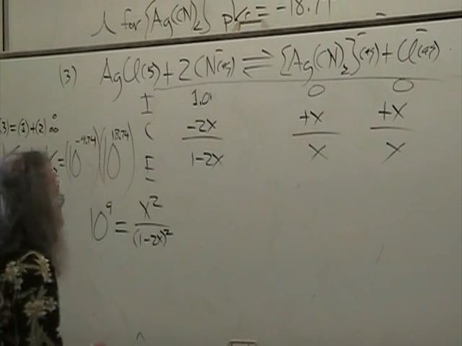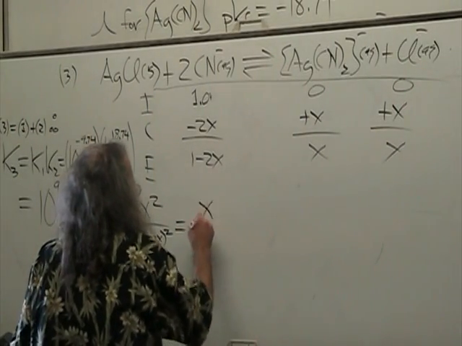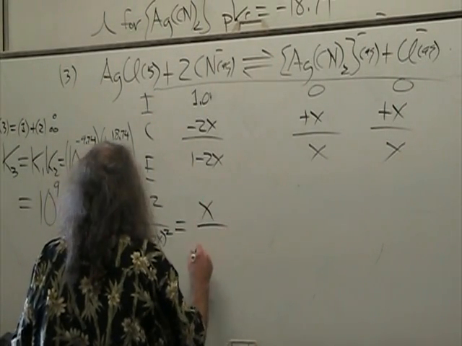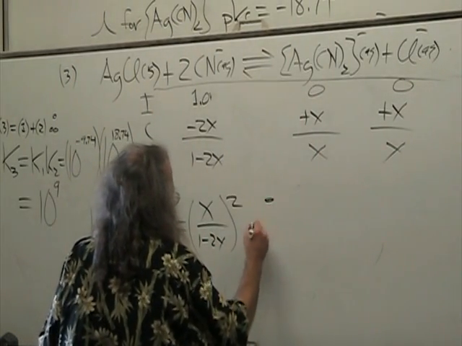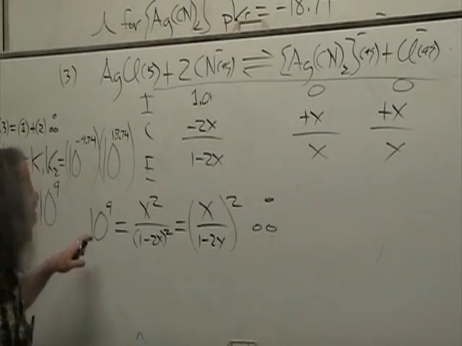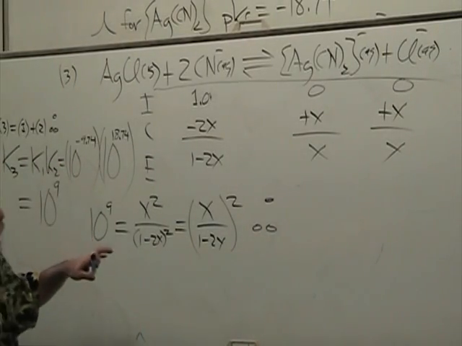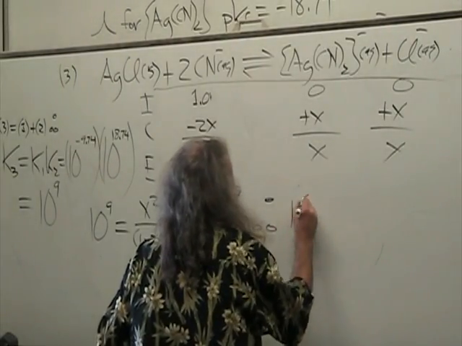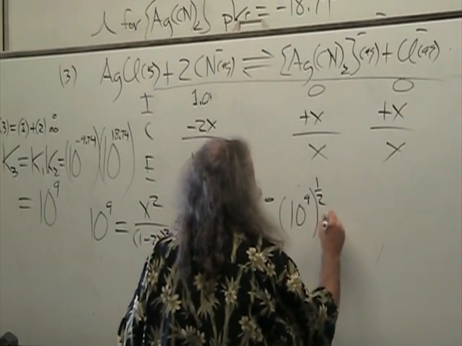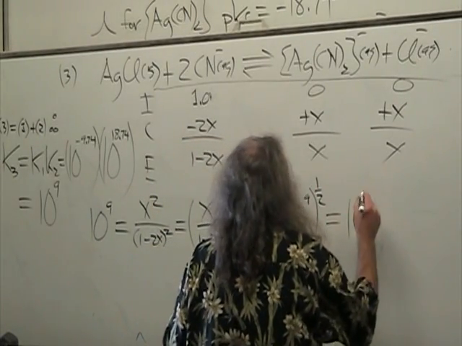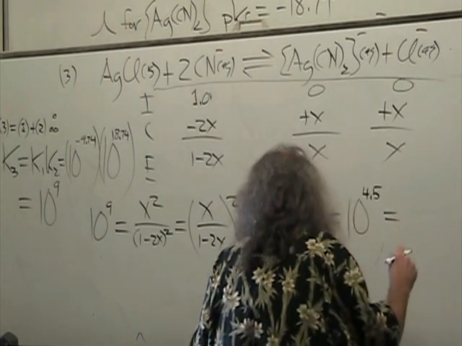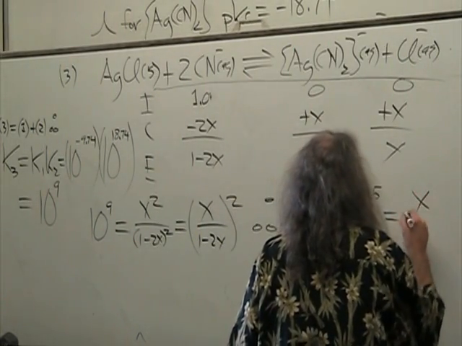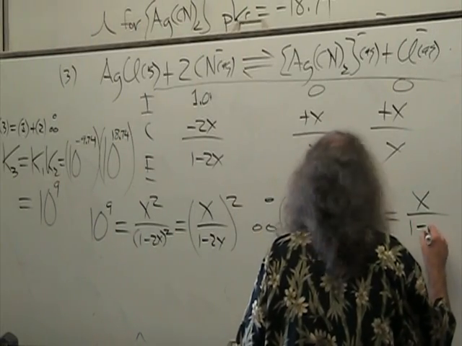Okay, so that's equal to x over 1 minus 2x, squared, and therefore I take the square root: 10 to the 9th to the 1/2 power is 10 to the 4.5, equal to x over 1 minus 2x.